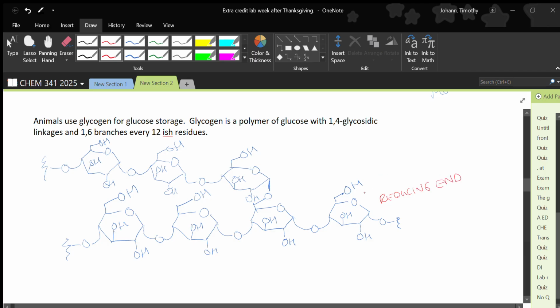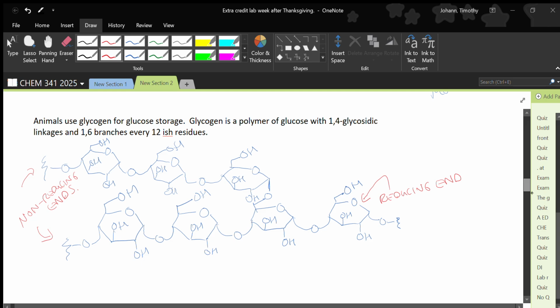When I say reducing end, I mean this residue. And we have non-reducing ends for the polymers. So you want to think about that.